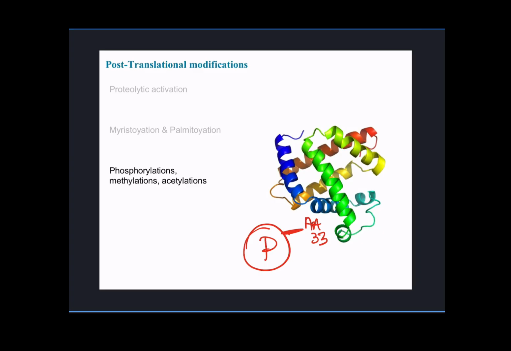Chemically, a phosphate group is a pretty strong thing because it has a bunch of negative charges. That's why DNA is negative, because of all the phosphate groups in it. So a phosphate group now attached to a protein changes the environment of this amino acid, or the neighborhood of this amino acid, quite drastically.